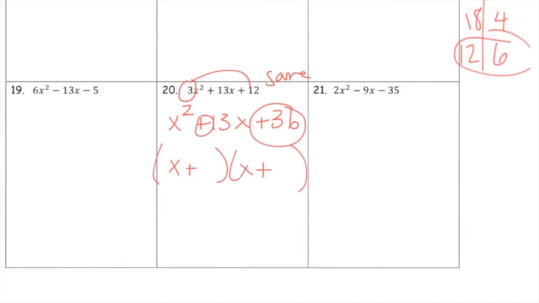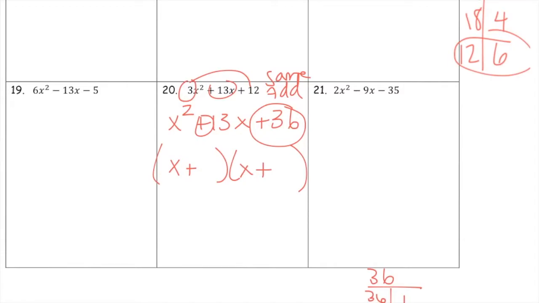All right, so since they're the same signs, we want to see what's going to add to 13 this time. So we have 36 and 1, 18 and 2, 3 and, I don't know, 12. Nothing is really going to what we want.